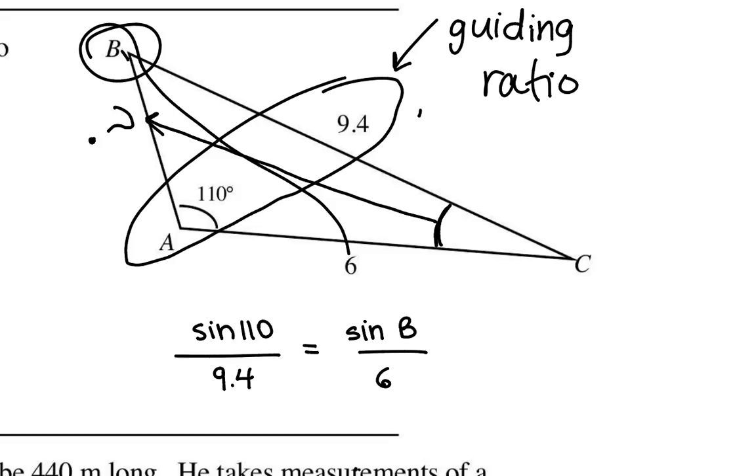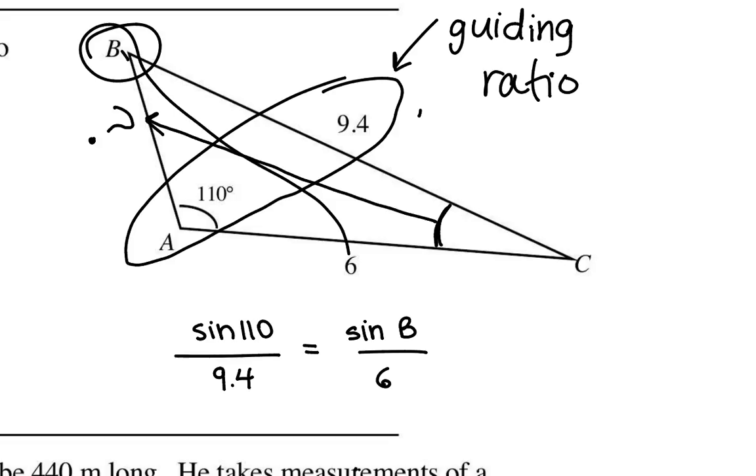Okay, so it's always the side opposite the angle given. So 6 goes with B, 9.4 goes with A, and question mark goes with C. Is everybody on the same page with me? Vertex with opposite side in a ratio. Now I want to solve for B. I can't just cross multiply the shortcut.